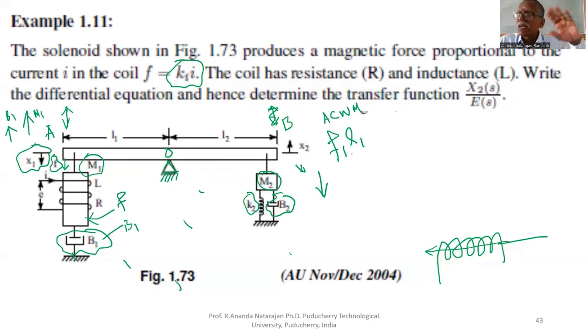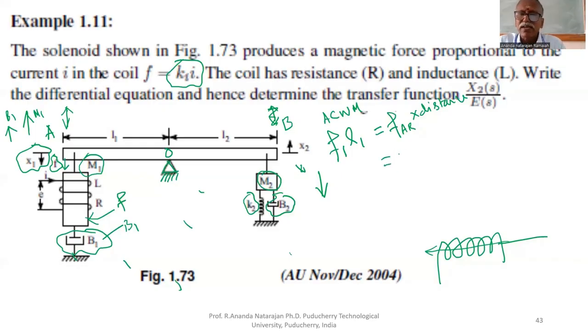That must be equal to all reaction forces, which try to rotate in the clockwise direction, multiplied by the distance where they are applied. Some reaction forces are created at a distance L1. Some reaction forces are created at a distance L2.